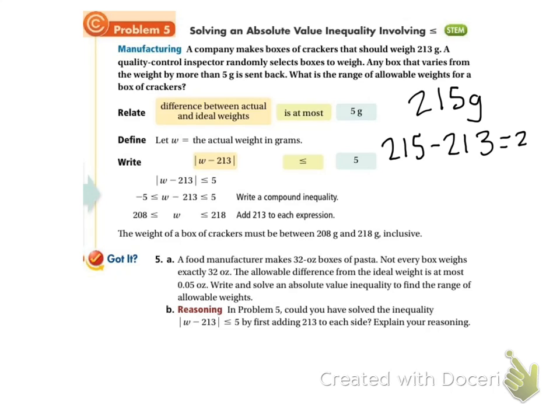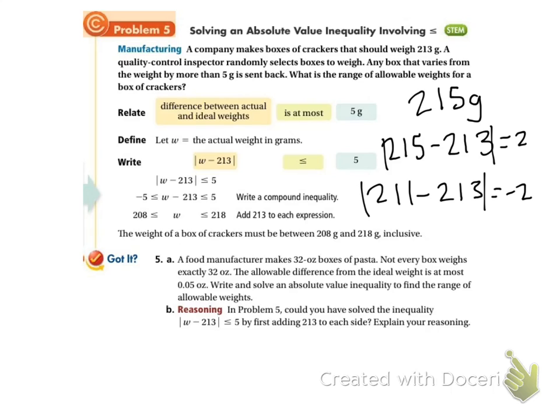So it was 2 grams away from it. If it was 211, and I subtract the 213, I get a negative 2. So this is where I want my absolute values to come in. I'm going to put absolute values around this. So in our equation, you'll see over here, I've got the absolute value of W minus 213. And that needs to be smaller or equal to 5, right? The biggest I can be away is 5 grams. And then they solve it.